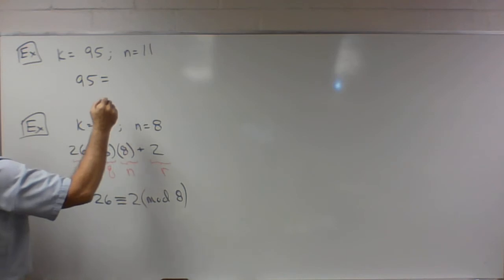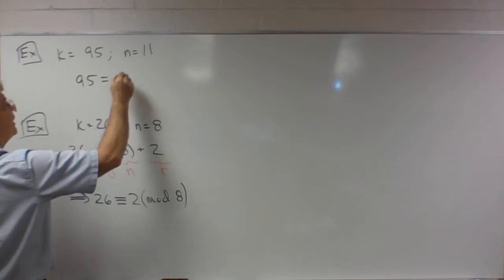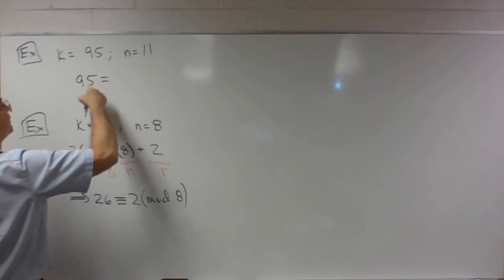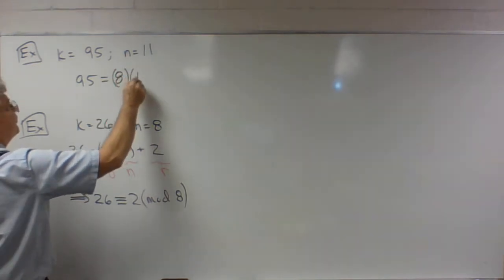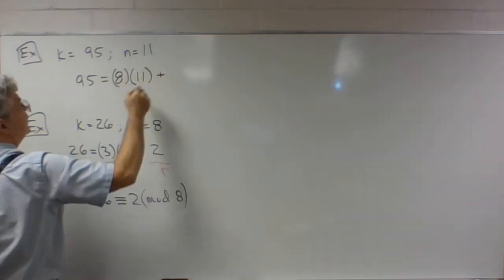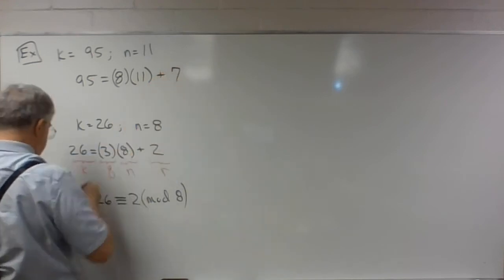So let's apply the division algorithm. 11 goes into 95 8 times, with a remainder of 7.